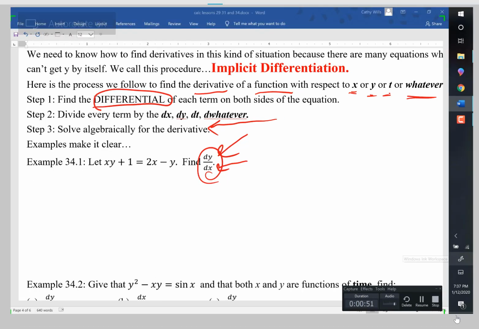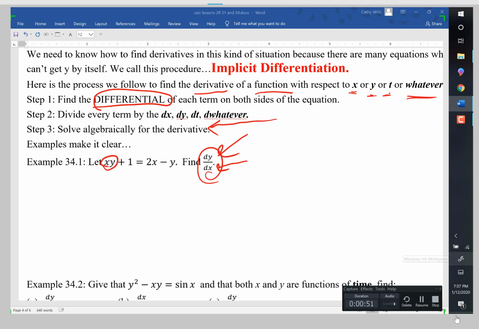All right, so if we let xy plus 1 equal 2x minus y, and we want to find the derivative of that function dy dx, here's what we do. Step 1, we find the differential of each term. The first term here is xy. That's a product of two different functions, remember? The differential of x is just dx.